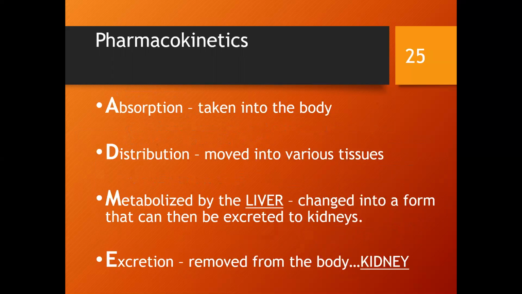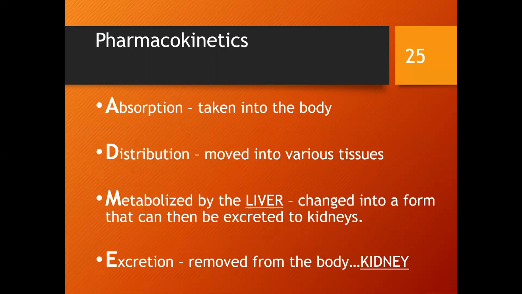Again, we look at the ADME. So absorption: how is it taken into the body? However we take it, it may be IV, by mouth, IM, our body absorbs it. How does our body absorb the medication? Distribution moves into various tissues wherever it's needed, metabolized by the liver.